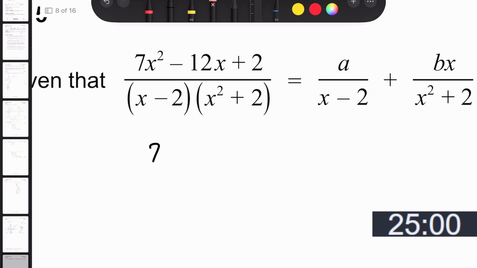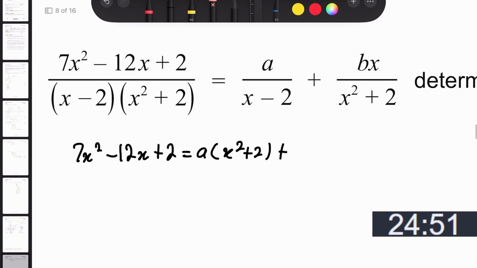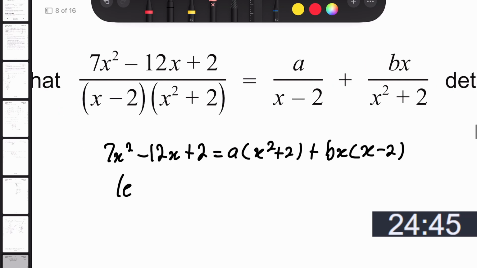So we want that 7x squared minus 12x plus 2 to be a times x squared plus 2, plus bx times x minus 2. So let x equals 0.